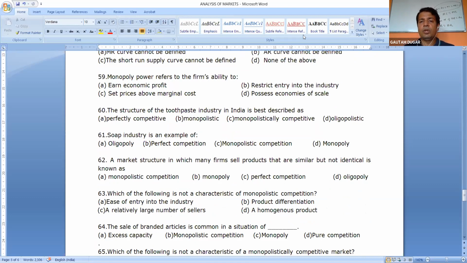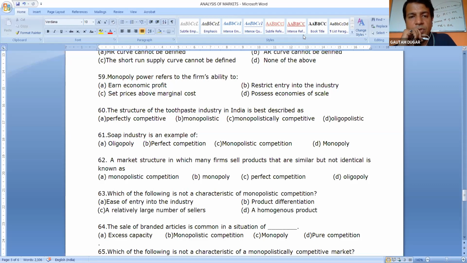Monopoly power does not actually refer to restricting entry into the industry. No, it does not mean restrict entry into the industry. It means that you are in a position to charge prices above the marginal cost. Then that shows that you have monopoly power.